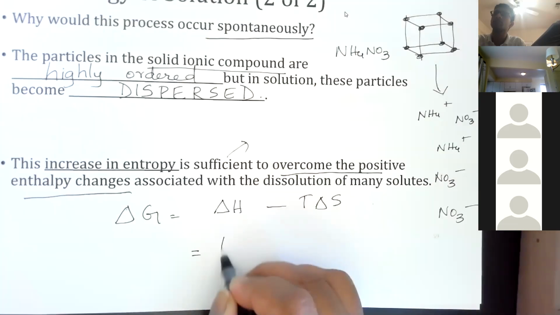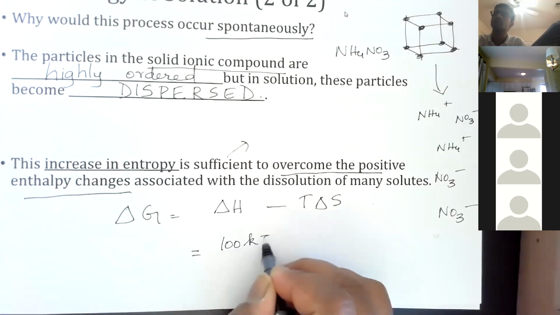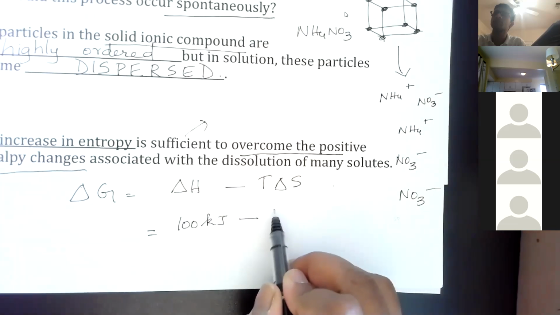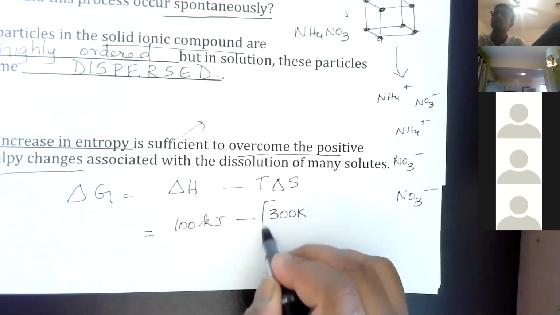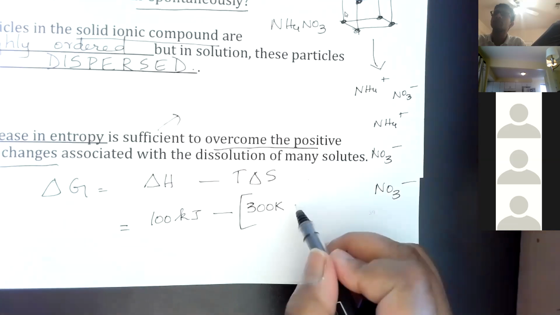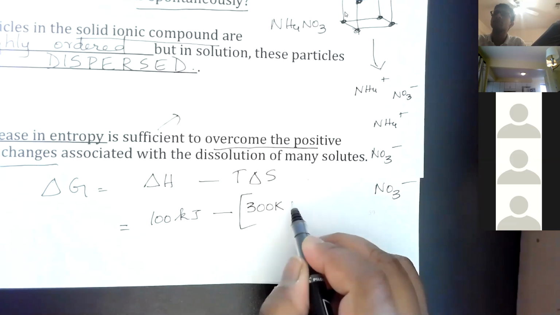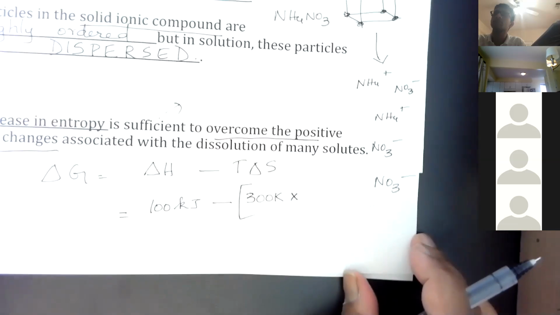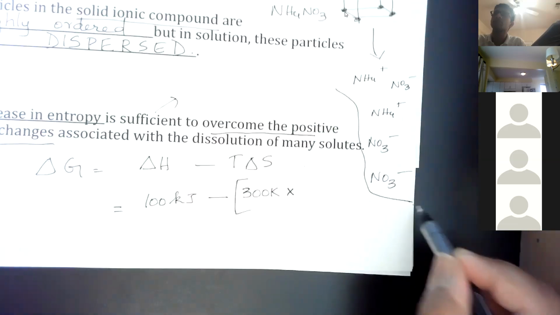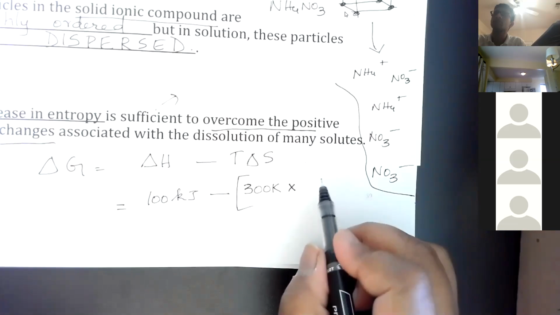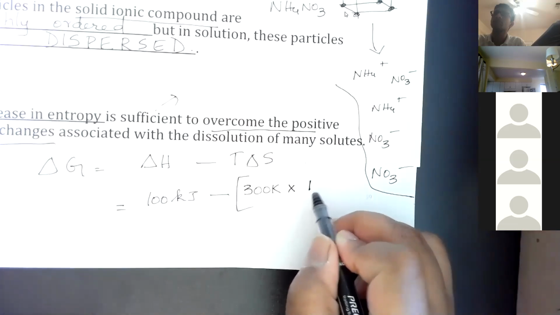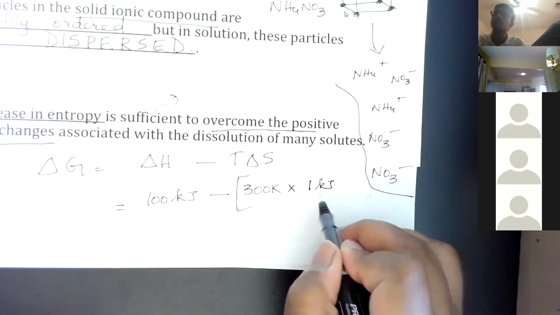So let's plug in our fake numbers here, 100 kilojoules. Minus T, let's make that 300 Kelvin. Okay, I'm just picking some numbers here. Or 298. Now my delta S, see this is already 100, so I'm going to make this 1 kilojoule per Kelvin.